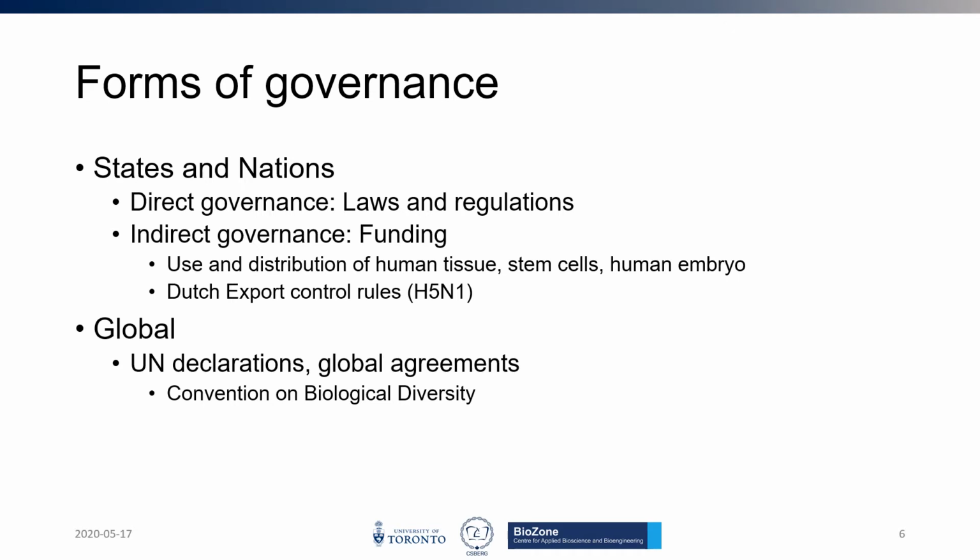You also have global governance of synthetic biology. There are much fewer of them, and again, how they're applied by different nations is different. They usually come in the form of UN declarations or global agreements.